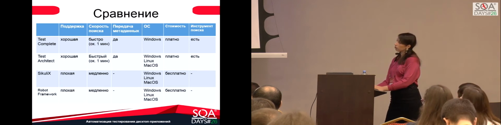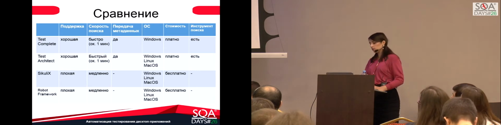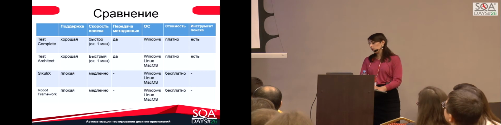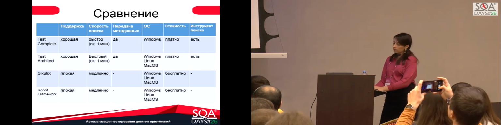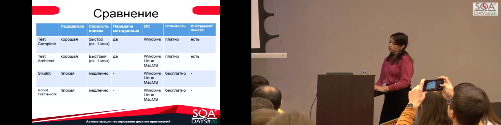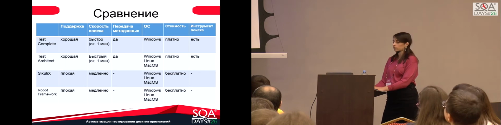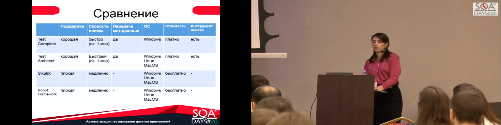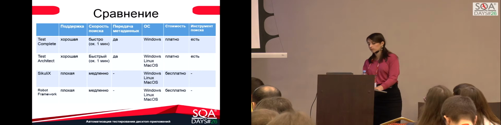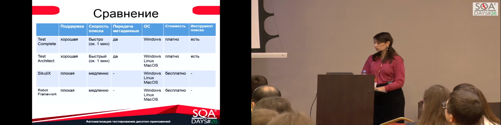Also, this data was collected when we were developing infrastructure. Its cost, the availability of its search tool, and the speed of search, since the app is quite heavy. There's a lot of levels of windows, tables, a large number of strings, not subject to filtering.